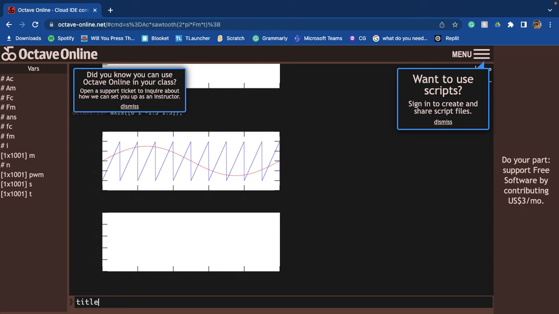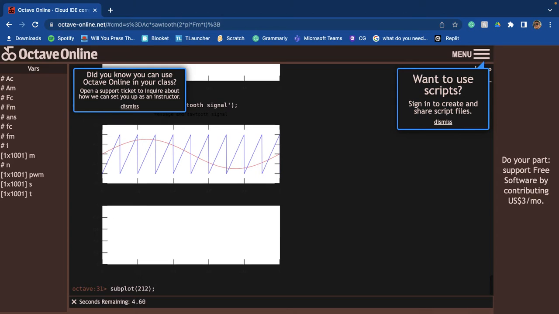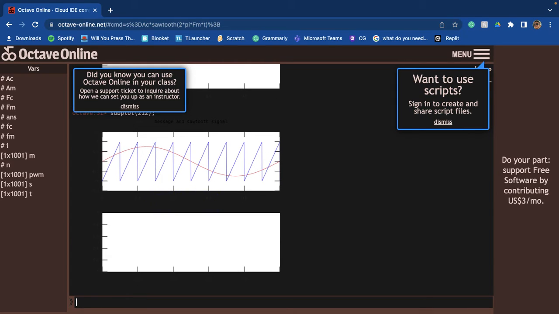Title: message and sawtooth signal. Okay. And now I want subplot 212. Plot t comma PWM.